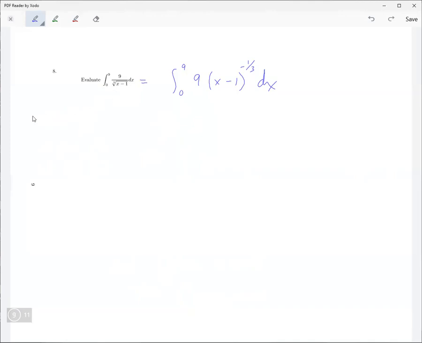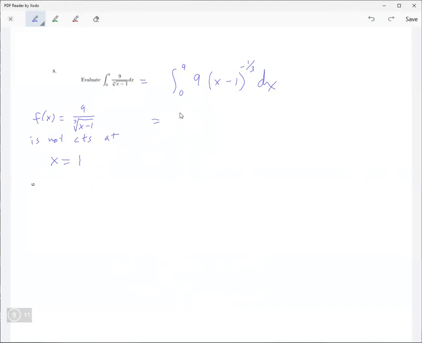Okay, so the function is not continuous at x equals 1. So you plug a 1 in, it's not going to work.